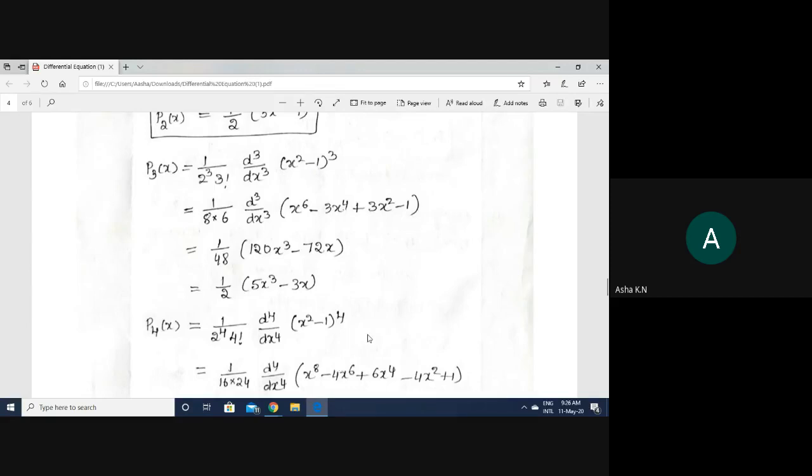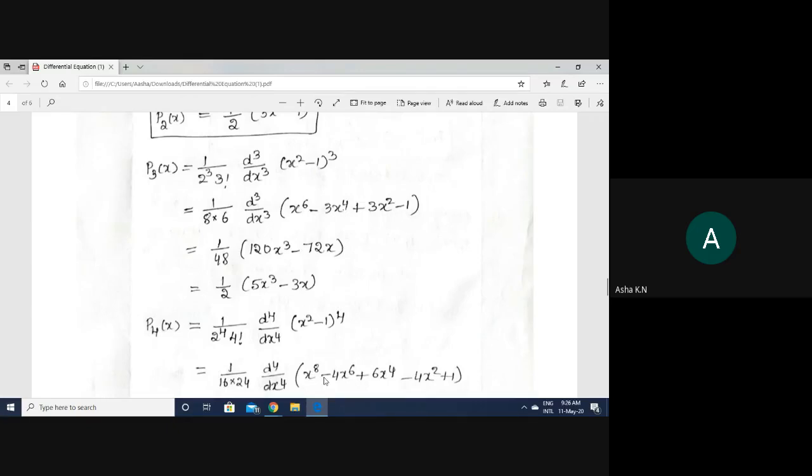Power of a will go on decreasing, power of b will increase. First we will have b power 0, then b power 1, b square, b cube, etc.